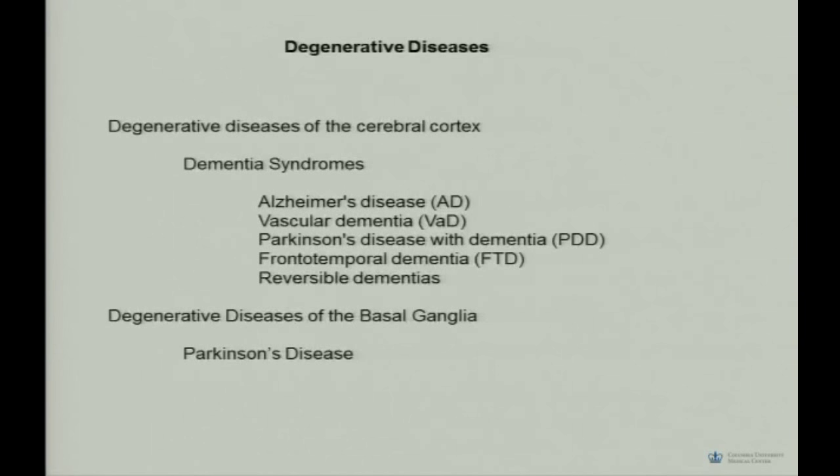And that's very different from conditions like cerebral palsy that are what we call a static encephalopathy, where the damage is isolated and does not progress with time, does not get worse and worse.